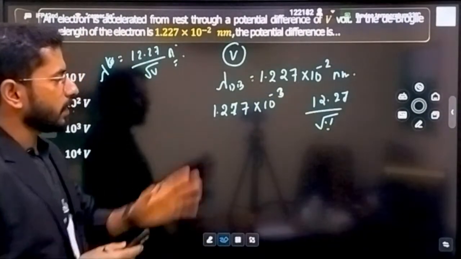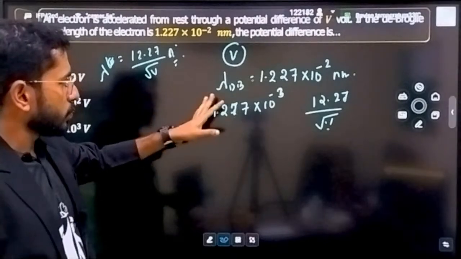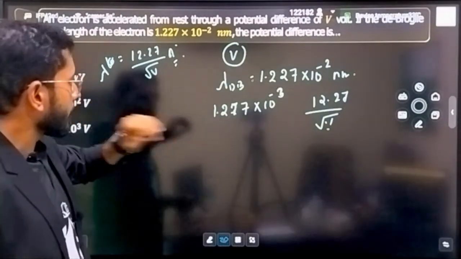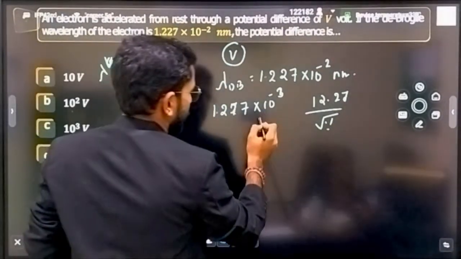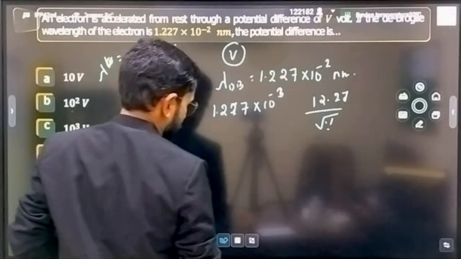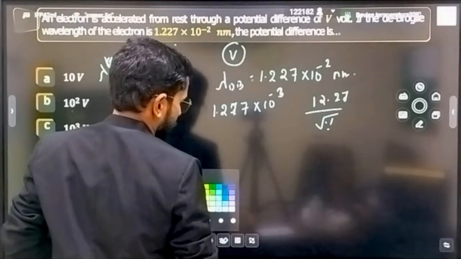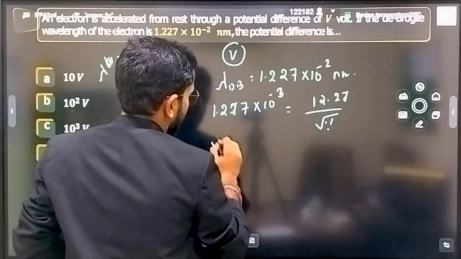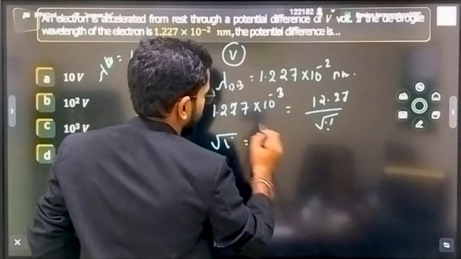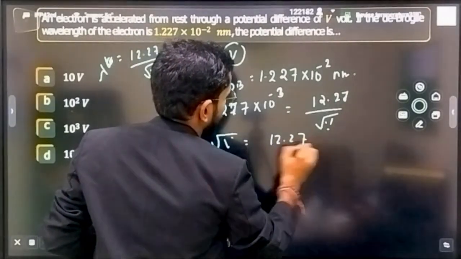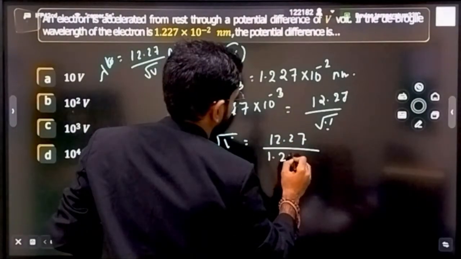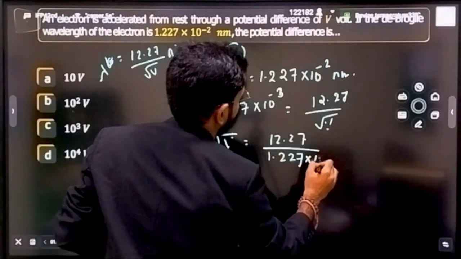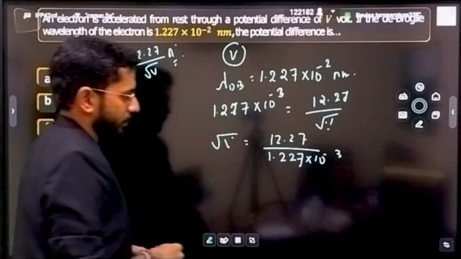If you want to convert from nanometer, correct. So when you take this downward, you will write root under V equals 12.27 divided by 1.227 into 10 power minus 3.